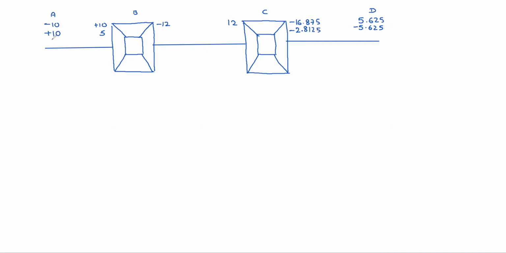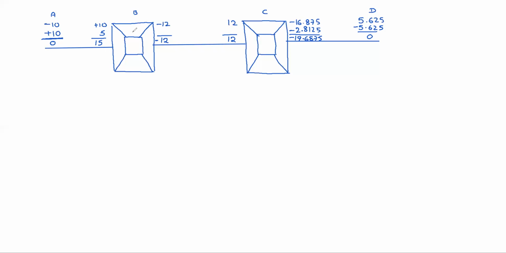So now if you do summation here, net moments are 0, 15, 12, minus 12, 12, and here minus 19.6875. Here 0. So after releasing those hinges, these are the fixed moments.